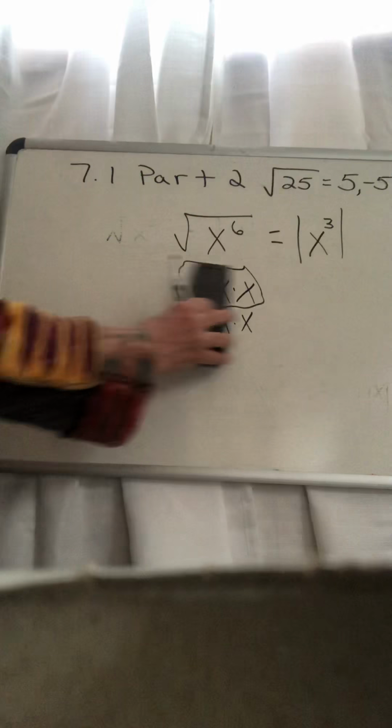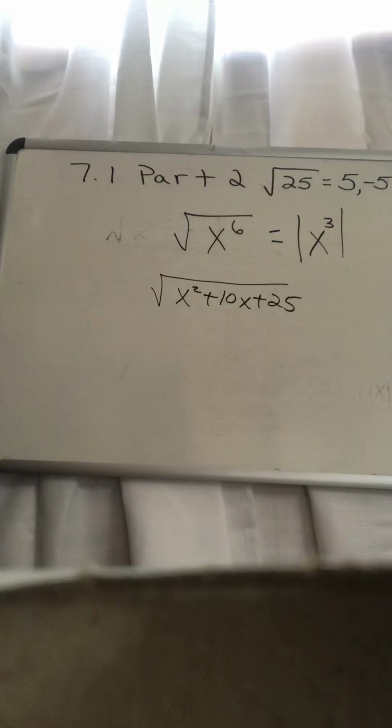Okay, so the next one, we've got the square root of x squared plus 10x plus 25. This is definitely a trinomial. We have an x squared, and then we also have an x, and then we have a number without an x. So that looks like a trinomial, which means we need to factor it.